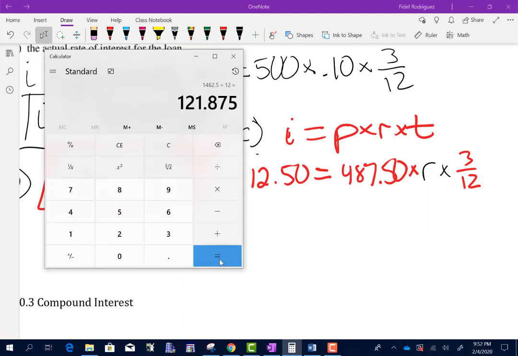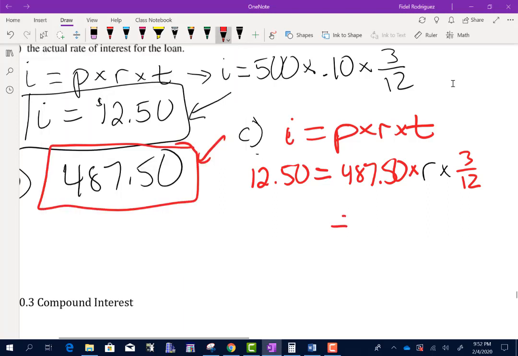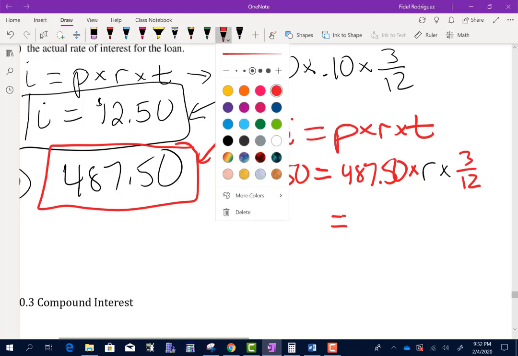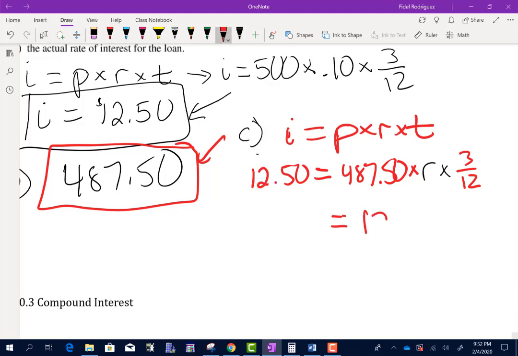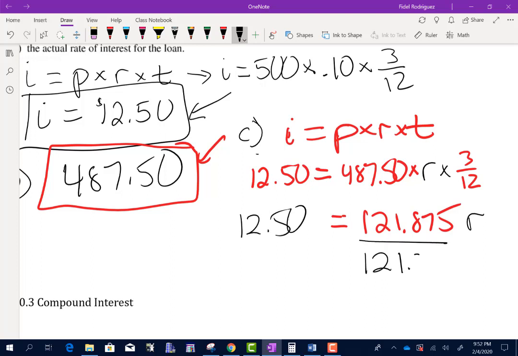So 121.875. Sorry about this, guys, I'm trying to get my pen to work. There we go. 121.875, with my R. That's my 12.50, or 1250. So now I'm going to divide these numbers out.